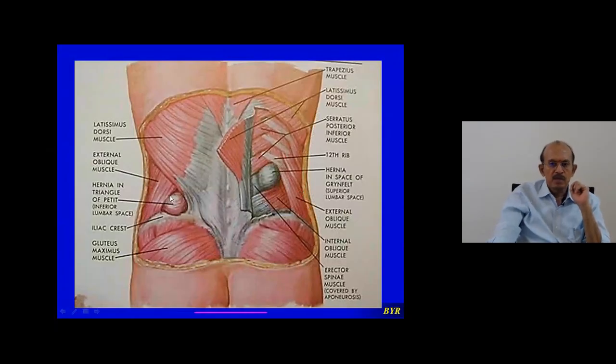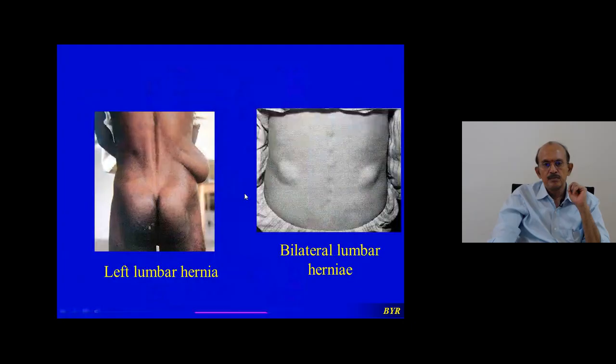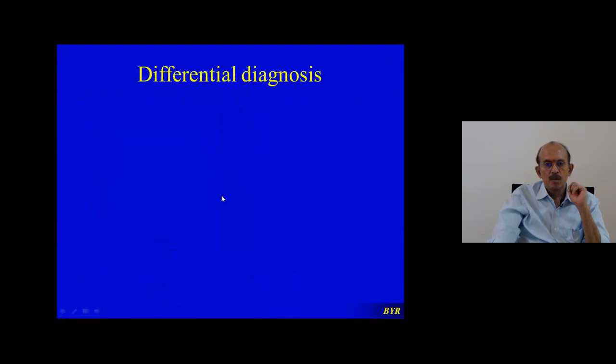So this can manifest as an inferior lumbar hernia or superior lumbar hernia. Differential diagnosis: it should be differentiated from lipoma and cold abscess.